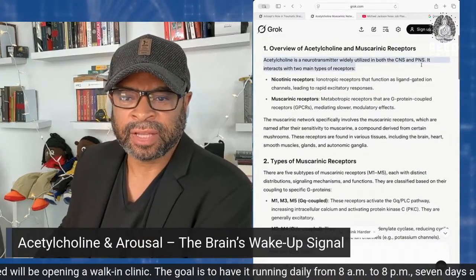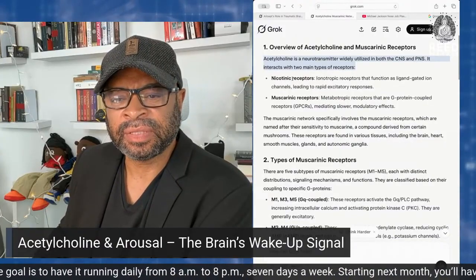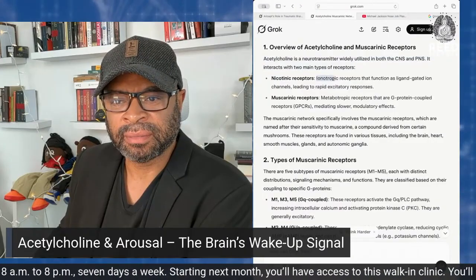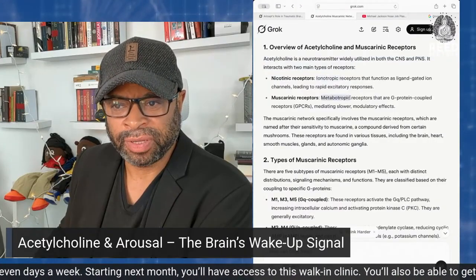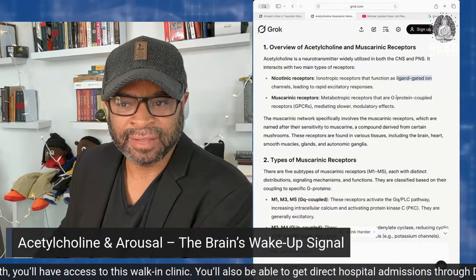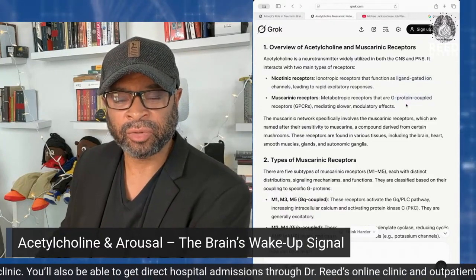It interacts with two main types of receptors: the nicotinic receptors and the muscarinic receptors. These are ionotropic, right? These are metabotropic, right? These are ligand-gated ion channels. These are G proteins, with slower, modulatory effects.